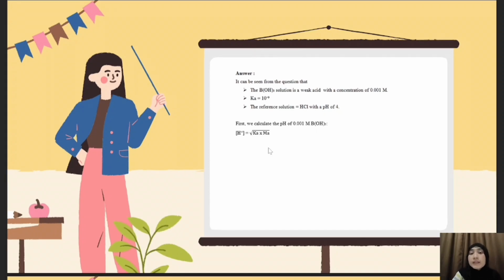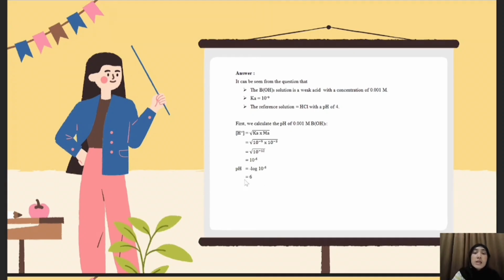First, we calculate the pH of 0.001 M B(OH)3. Concentration of H+ equals radical Ka times Ma. Next, radical 10^-9 times 10^-3. Next, radical 10^-12, and the result is 10^-6.